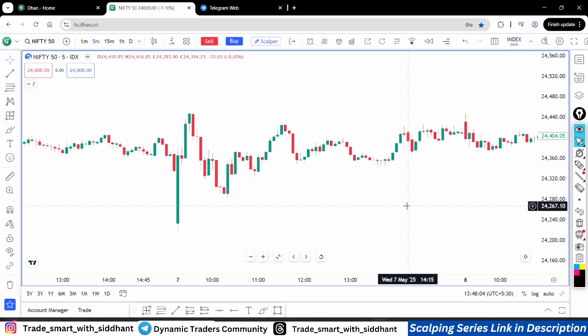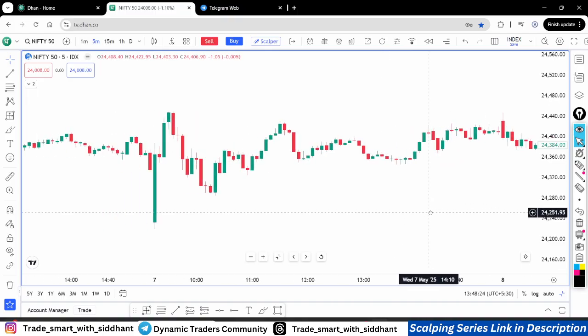If you do not want to wait for it to close above the levels, you can enter early once it sustains 1 or 2 minutes above the levels. But there are some pros and cons of both styles of entering the trade. So, for example, let's see.